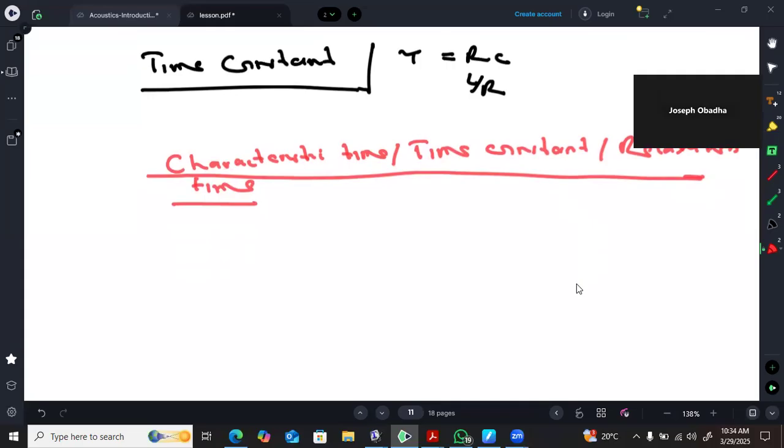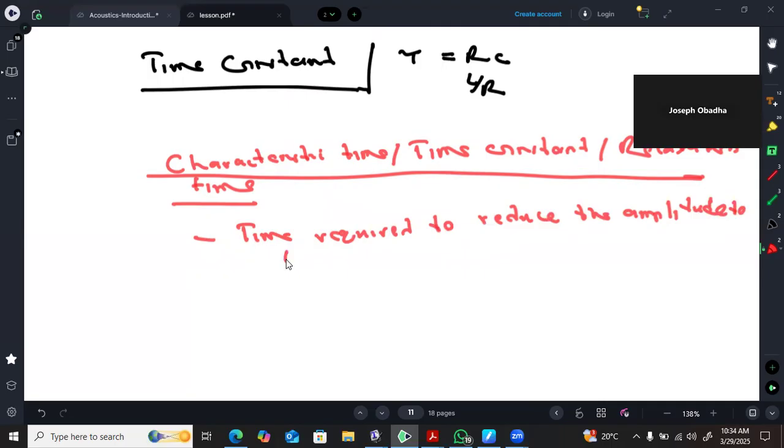Actually, this time is the time required to reduce the amplitude to 1 over e of its original value.